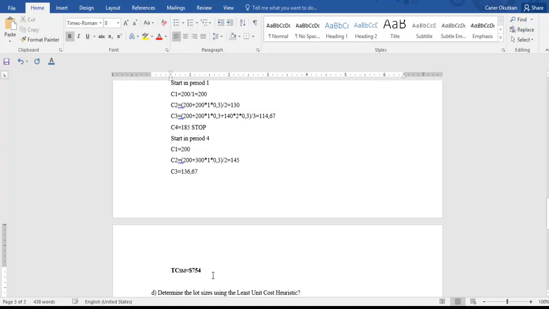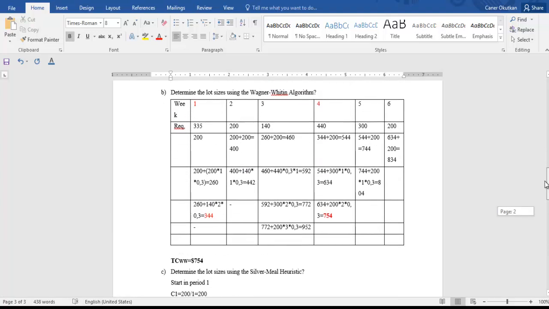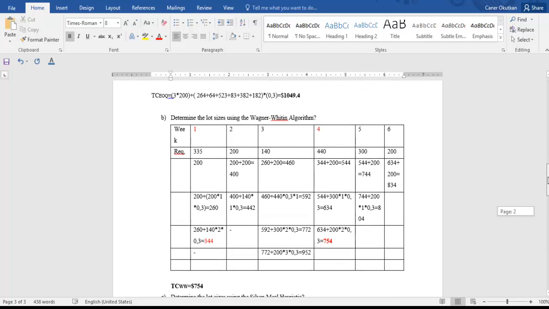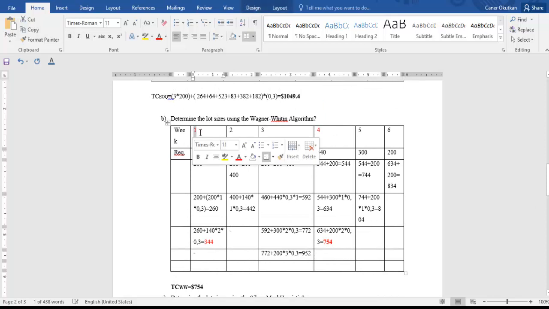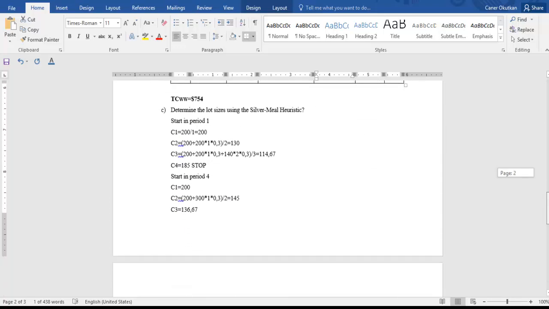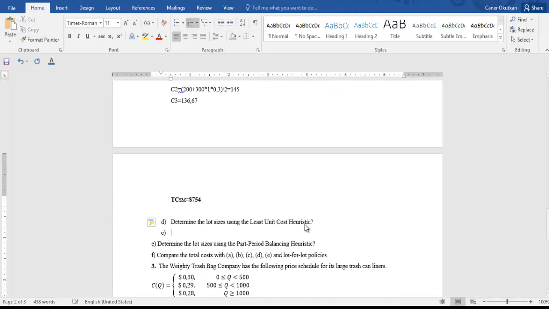Our total cost $754 because in Wagner-Whitin algorithm and Silver-Meal heuristic order point are 1 and 4 weeks, so our total cost is same $754. So we'll solve another algorithm, last unit cost algorithm.